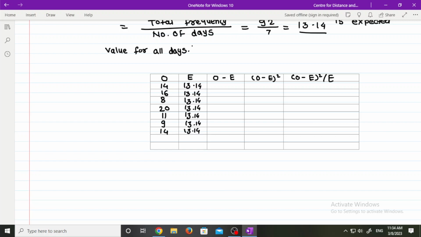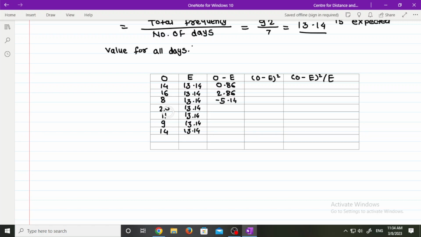Then in the third column we have to calculate O minus E, that is 14 minus 13.14. When we subtract 13.14 from 14, we get 0.86, then 2.86. After this minus 5.14.